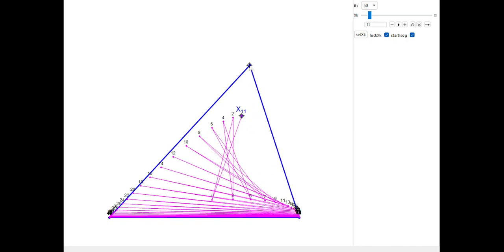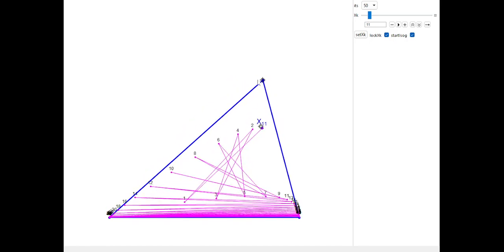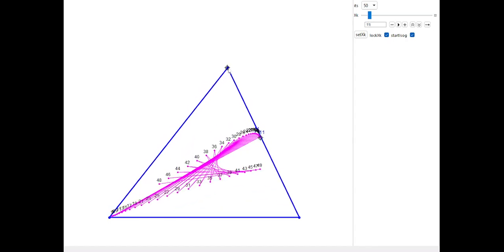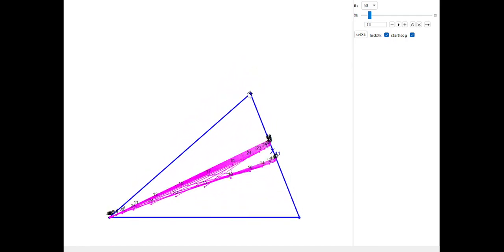It lies on the circumcircle of the triangle, on the incircle, right? So if you can imagine in your mind's eye the incircle of this triangle, the X11 Feuerbach point is there. Feuerbach point tends to produce this sort of crossover geometry for many triangles. So it's very sensitive here to the geometry of the triangle, right?